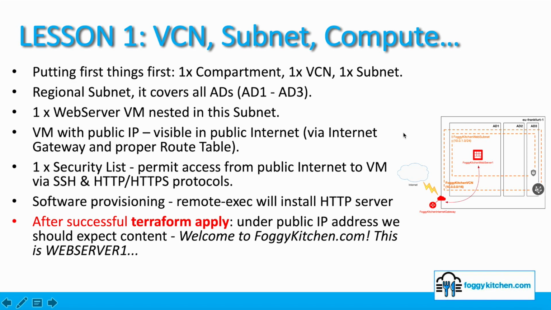Terraform will just install an HTTP server with web page content. As a consequence, after a successful Terraform apply, we should be able to visit the VM on the public IP address, and our browser will show us simple web page content: Welcome to FoggyKitchen.com. This is Webserver 1.